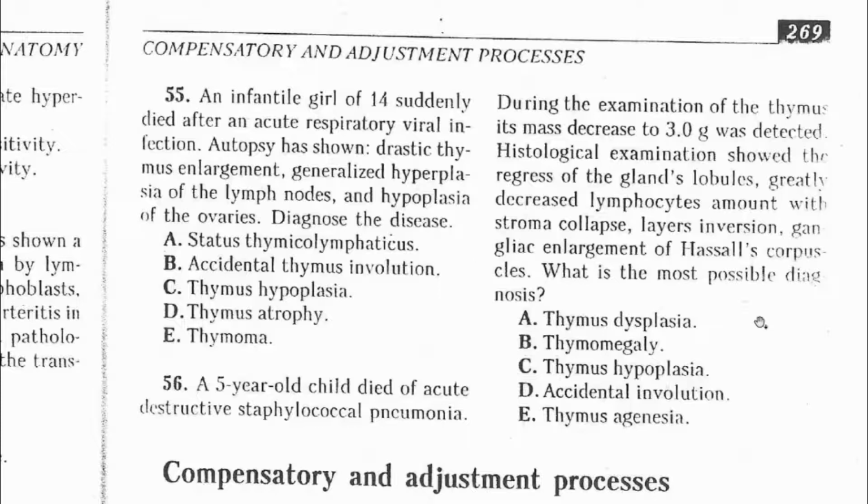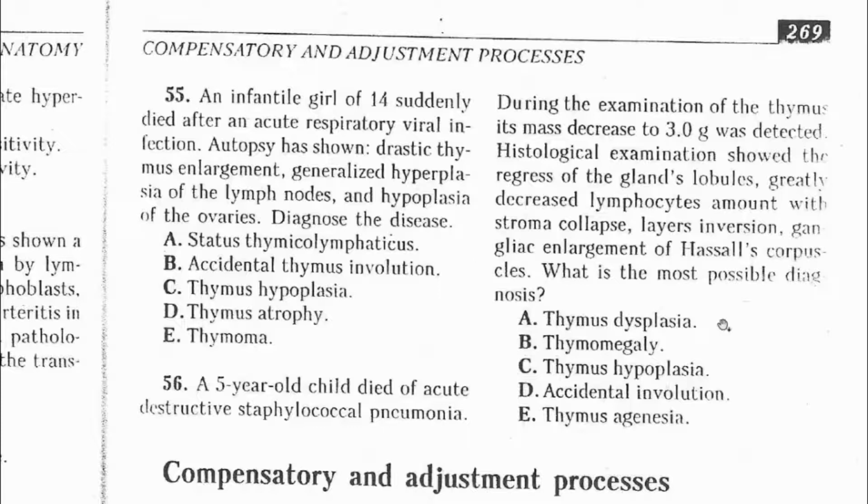Now, our answer here is actually accidental involution. And this is why. Accidental thymus involution or transformation is the reduction in the size and the mass due to thymocyte migration to the peripheral immune organs and blood, as well as due to the partial decomposition and absorption by macrophages.